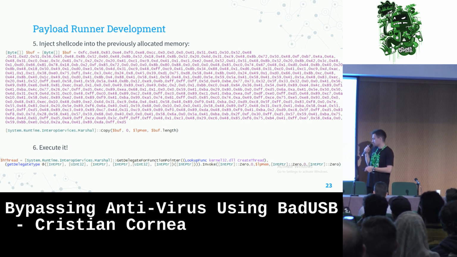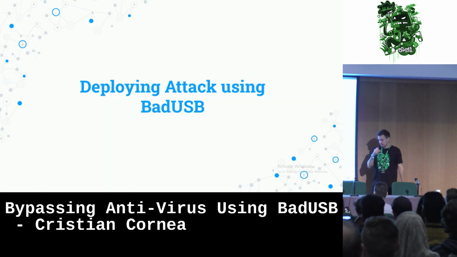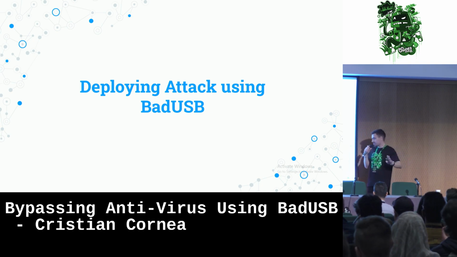And here we used the get delegate basically to set the integer pointer, integer 32, and other argument types for the invoke function. Okay, so that's it regarding the bypass and the shellcode execution. Everything is good so far. But now let's see how we can put everything together on this little device.